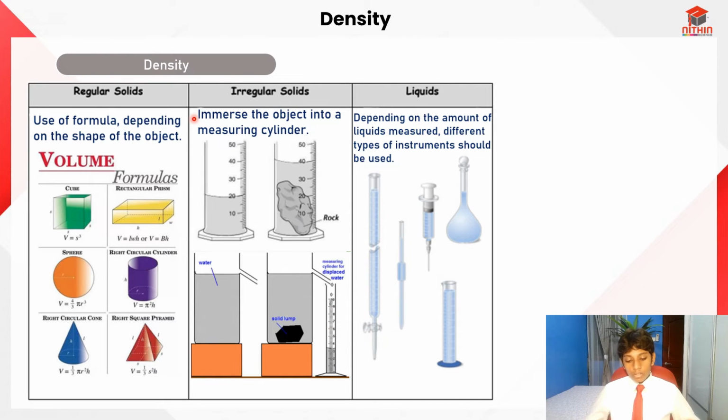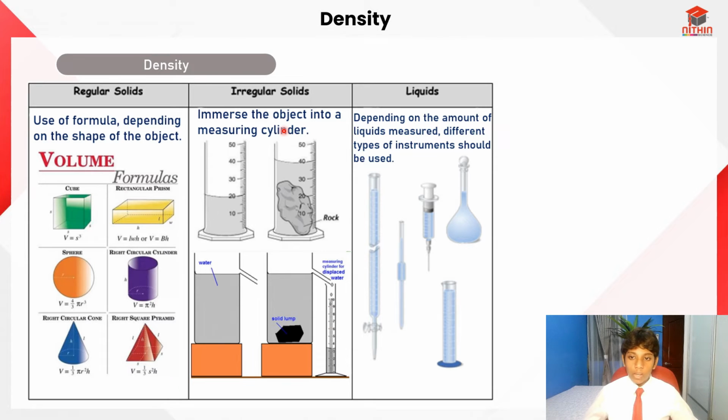So you need to know some of these formulas, such as the basic formulas that you're learning in secondary 1 math: the cube, rectangular prism, square pyramid, cylinder, triangular prism, cone, and many more. So that's for regular solids.